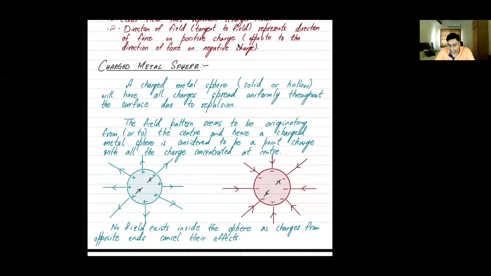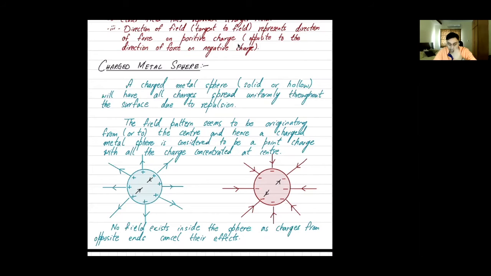Whereas if you put a positive or negative charge inside, it will not experience any force at all. There is no field inside the sphere because the field lines inside the sphere would cancel each other out from the opposite ends. As it's evenly spread out, there would be field lines exerting from both directions and they will be canceling the effects of each other.